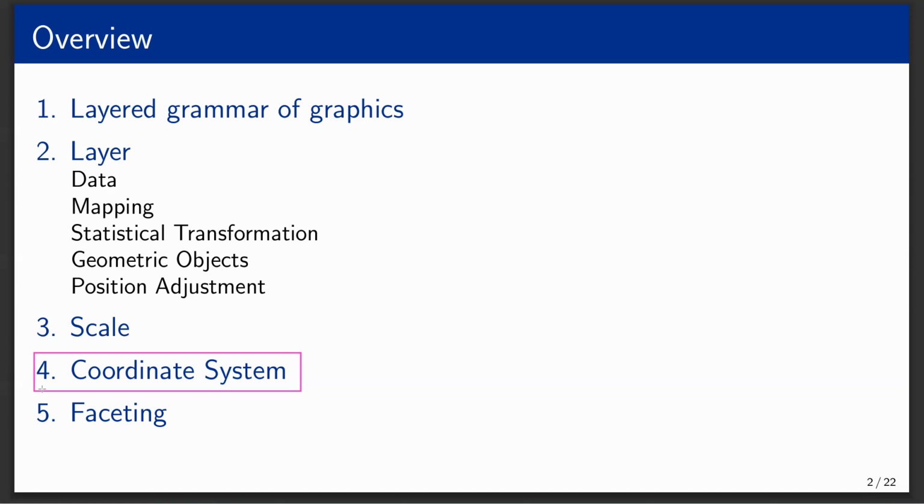Coordinate system has to be there, and it is like the setting up of the movie, right? If you are talking about medieval England, you have to have medieval costumes, the houses, the castles, and all these things.